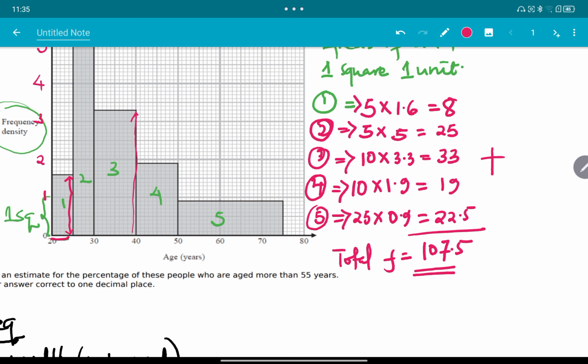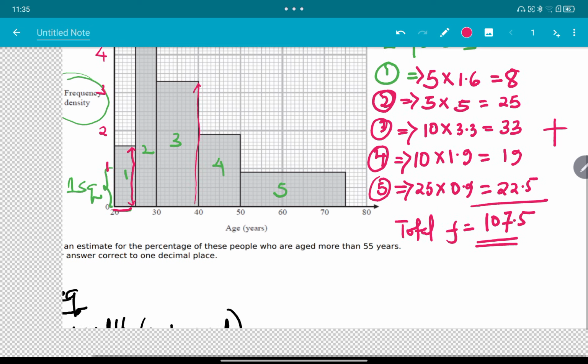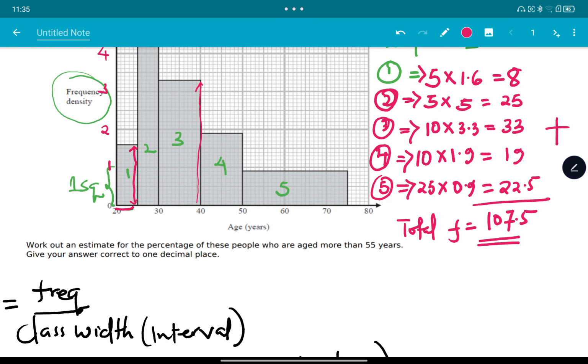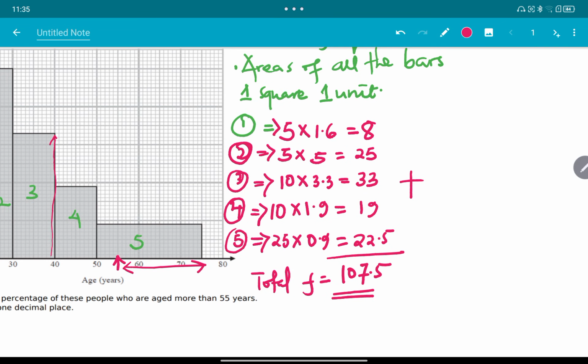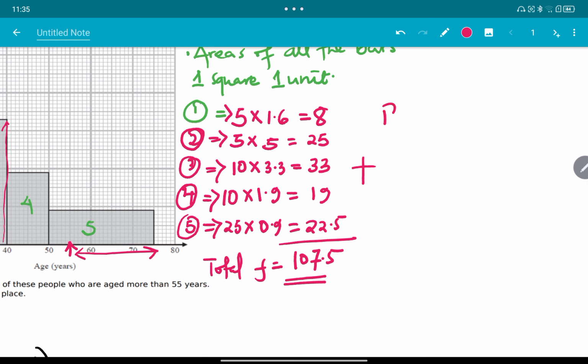But we needed to get the percentage from the question here: the percentage of people who are aged 55 and above. Let's look at the graph. 55 is here. So it simply means I need to find the population of people here. To get people aged above 55 years, I'll get the area of that bar from here.